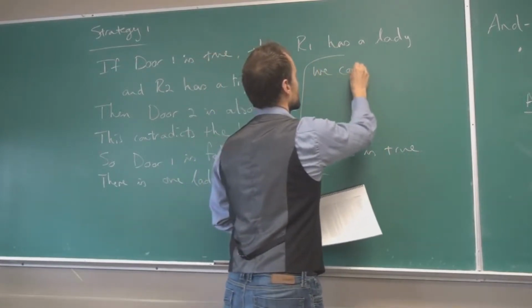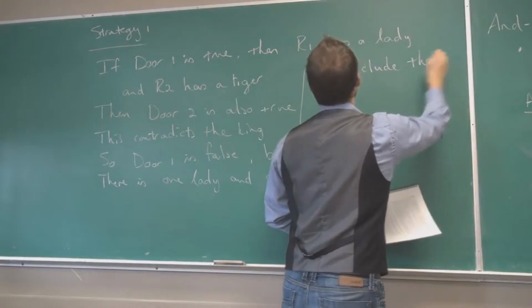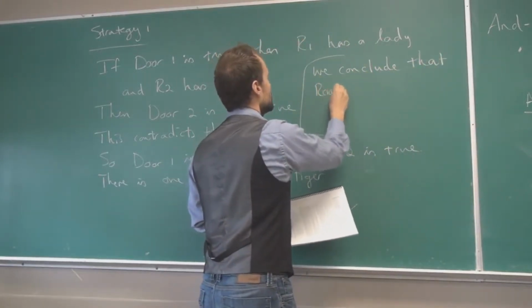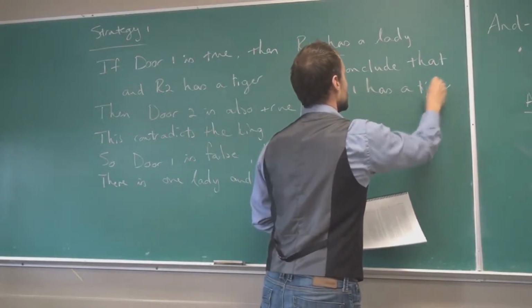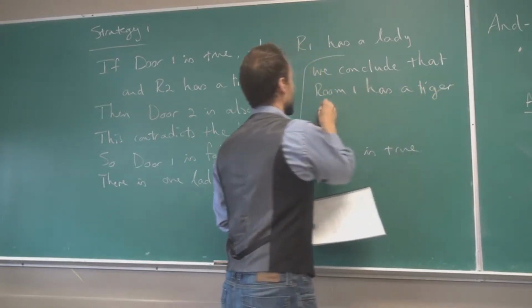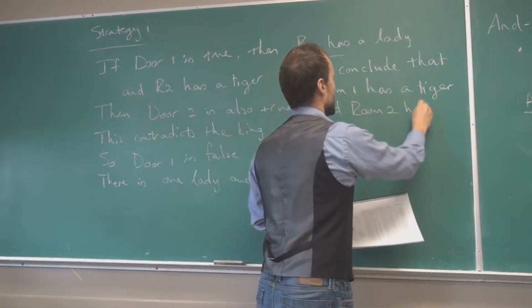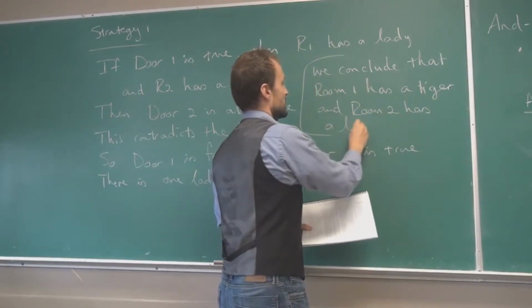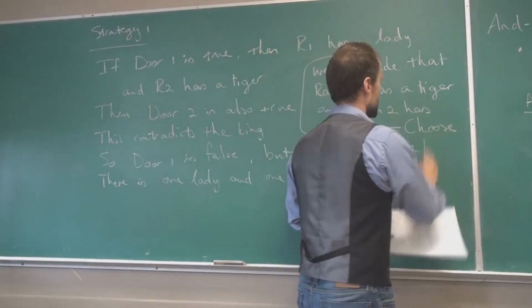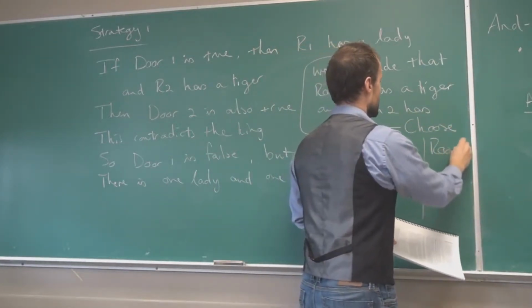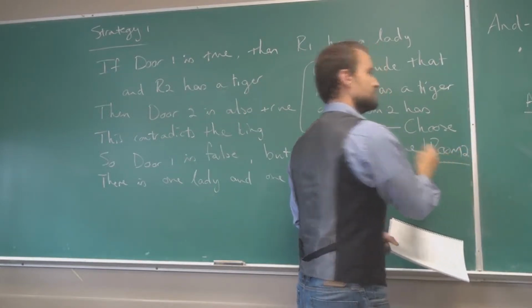Let's say here we conclude that room 1 has a tiger and room 2 has a lady. So the prisoner should choose door 2.